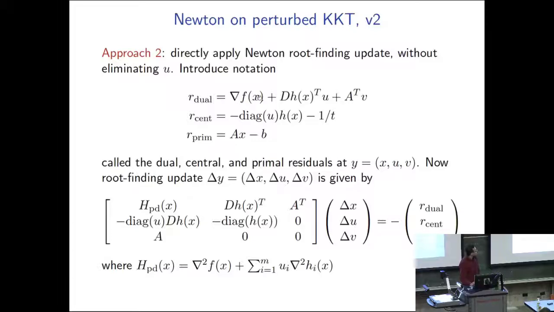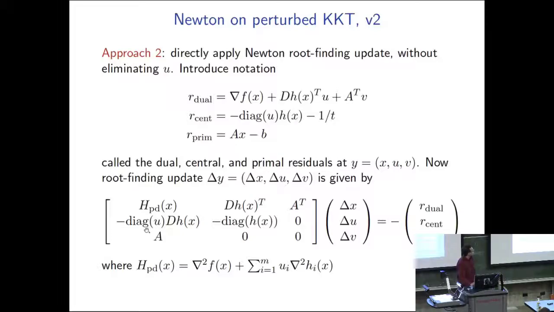I'm just going to take derivatives with respect to x, and I'm going to get some matrix I'm going to call HPD. That's the derivative of this with respect to x. I'm going to take a derivative with respect to u. I'm going to get dH transpose. And derivative with respect to v, I'm going to get A transpose. Down here I'm going to differentiate with respect to x.